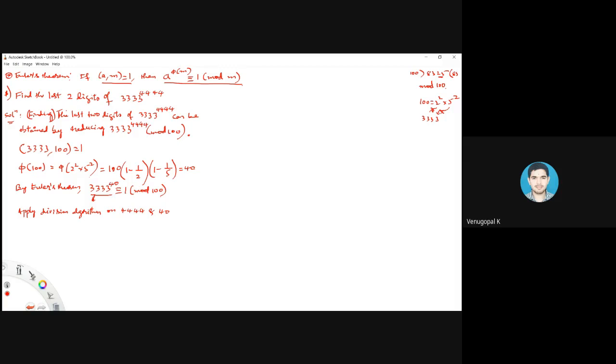We want to establish a connection. So we get 4444 equal to 40 into 111, and a remainder. So 111 into 4 will give us 444, and 10 times that is 4440, 4 is remaining, plus 4.